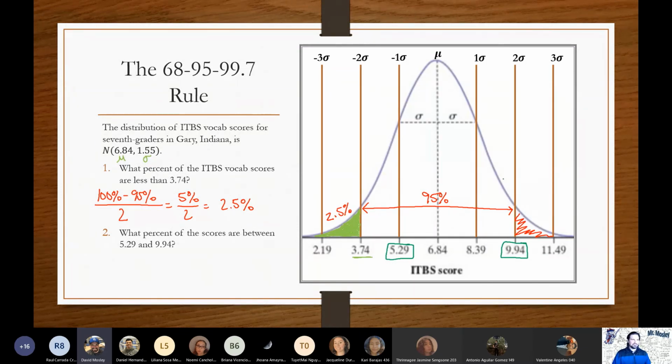I'm looking at the middle section plus another chunk. Right, so I'm looking at 68% plus this other section. Okay, so I need to know what percentage this section is.